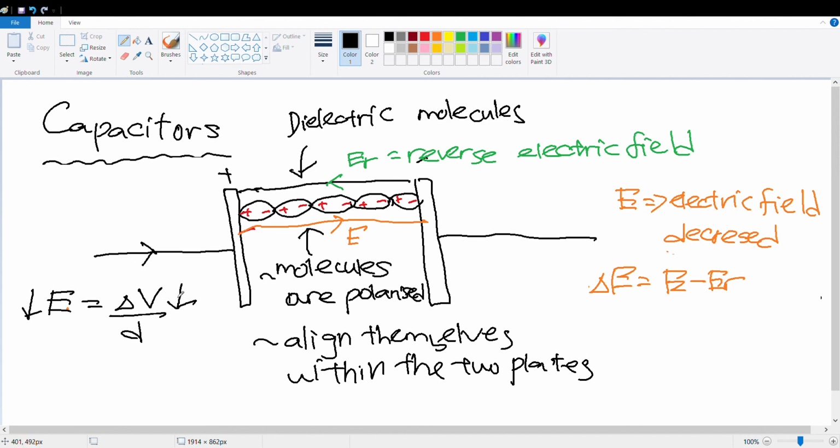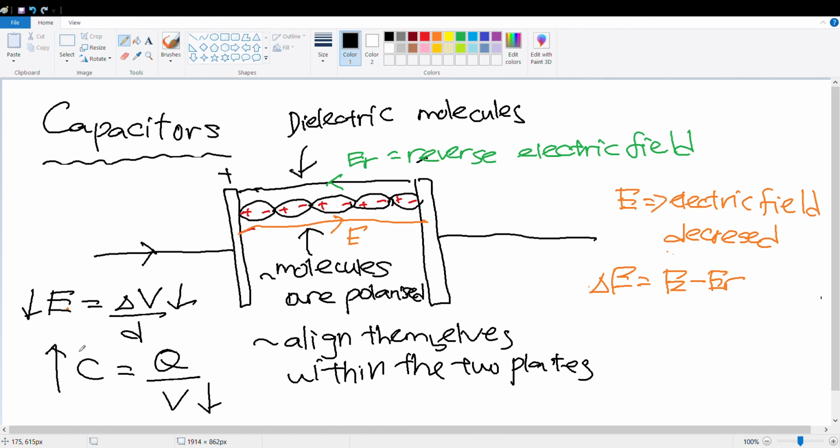We know that C, the capacitance of the capacitor, is the ratio of the electrical charge divided by the potential difference. Since my electric potential difference decreases, this will eventually provide us the increase in the capacitance of the capacitor.